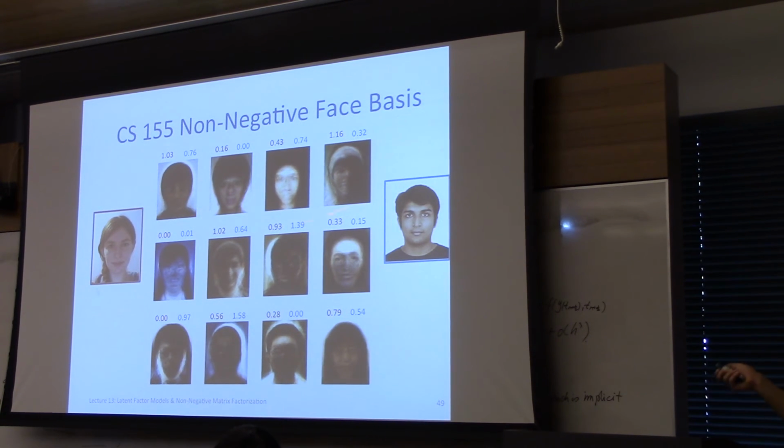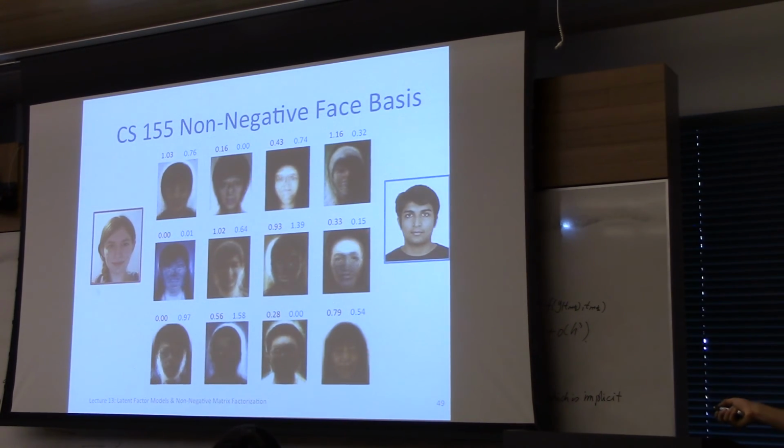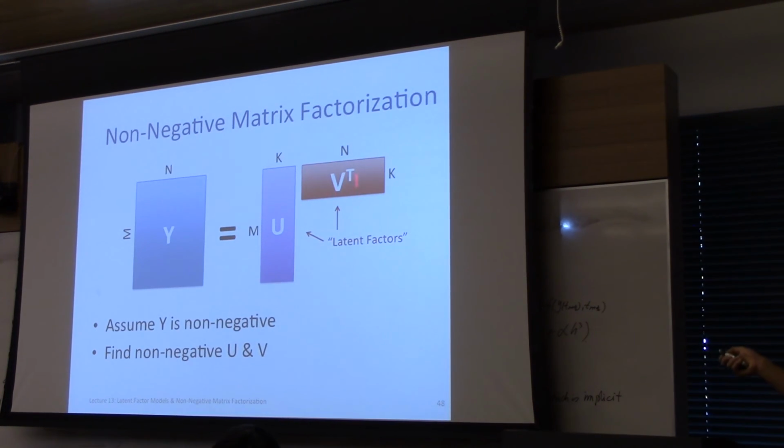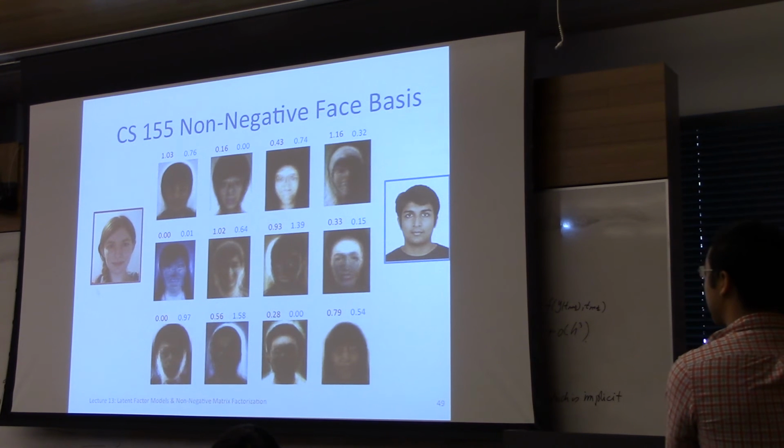And then we just add these components, multiplied by the coefficients. So again, each of these is a U, and then every column of V transposed is Emily's coefficients, Armand's coefficients, each one of your coefficients. And they're all non-negative, and the base case is just completely dark, so there's no notion of a mean face.